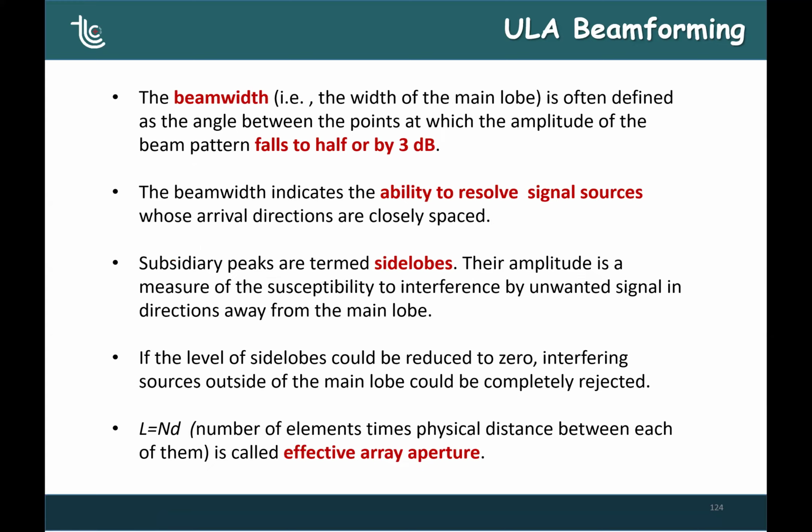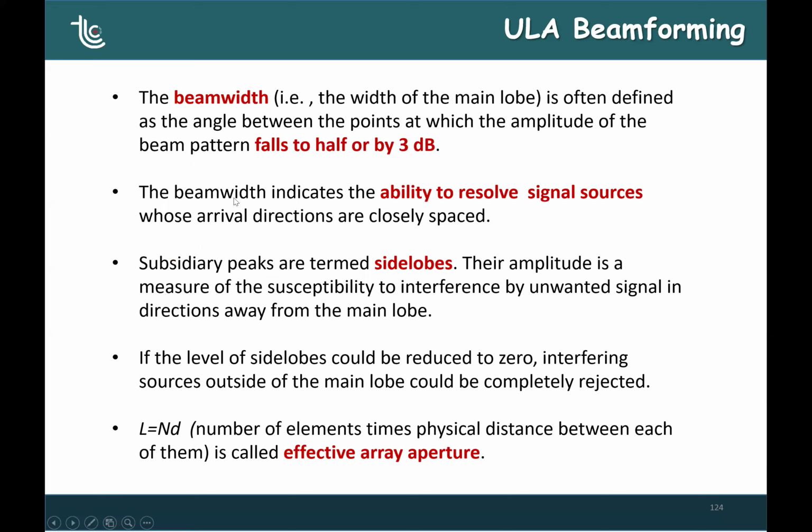The beam width is defined as the angle between the points at which the amplitude of the beam pattern falls to half, or by 3 dB. This is the typical definition, so it's a minus 3 dB beam width.